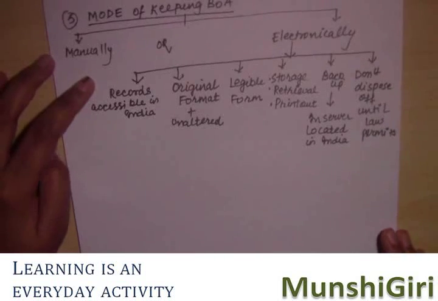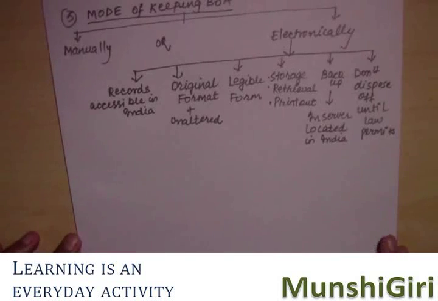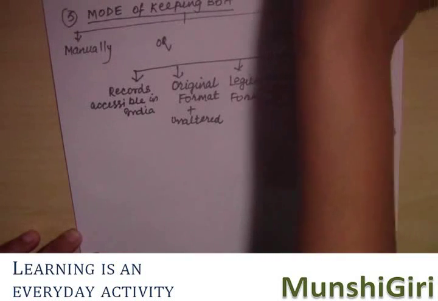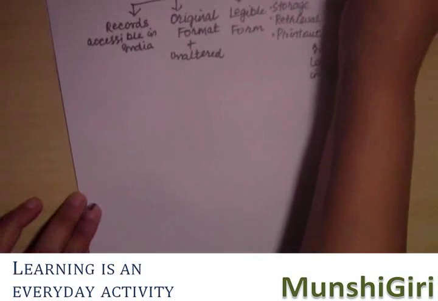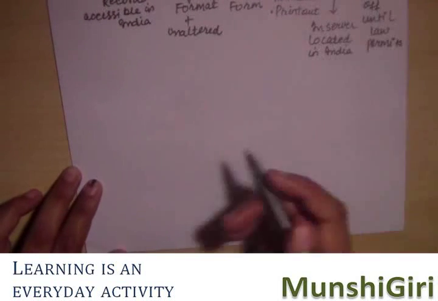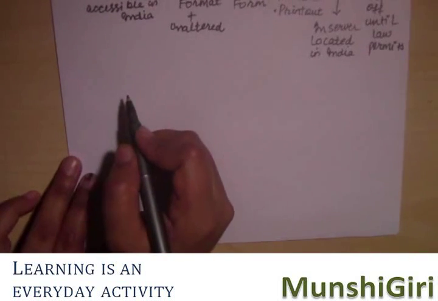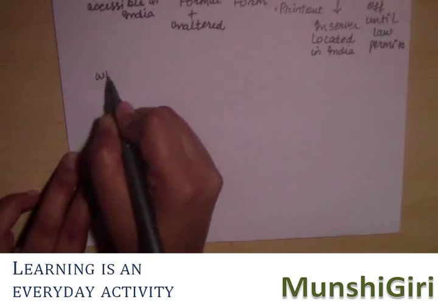So now, while filing the annual return with the registrar, the company has to intimate the following things to the registrar.